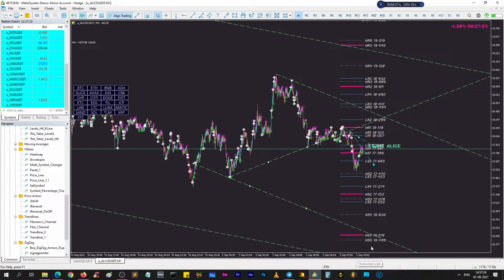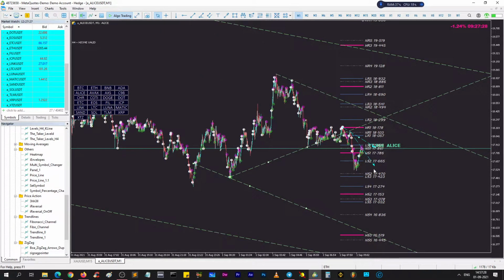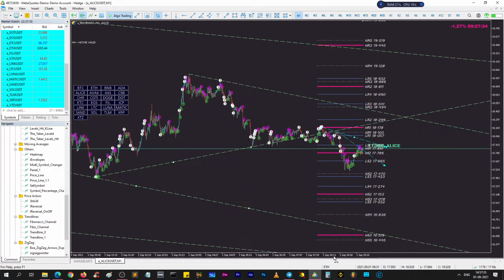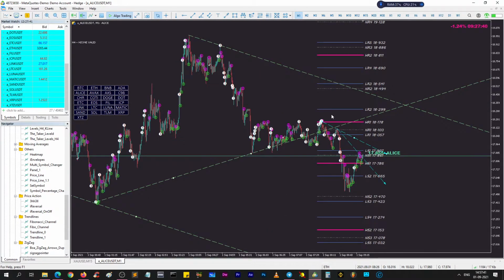If like 16 level, I already have some analysis there, price may fall. Because we found that this trend line is broken, and if it's not true, then price will have to break this trend line up again to make sure that the trend goes in the up direction again.